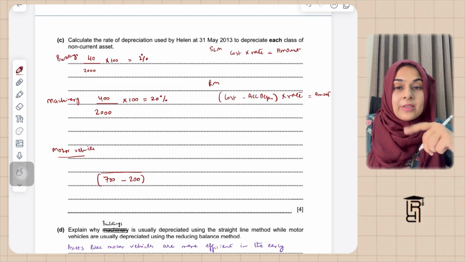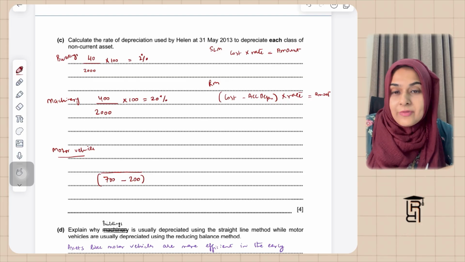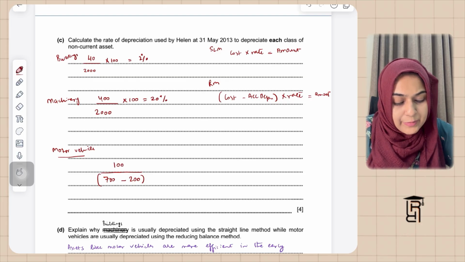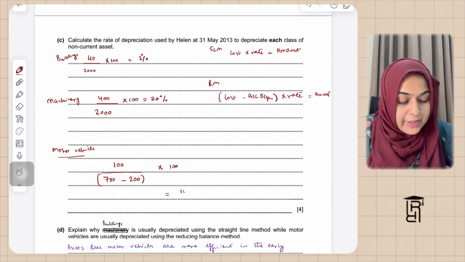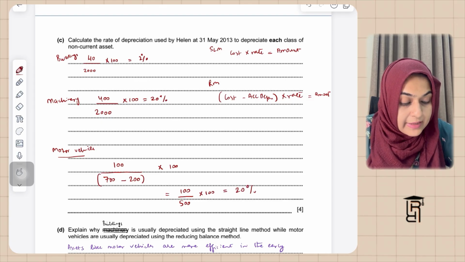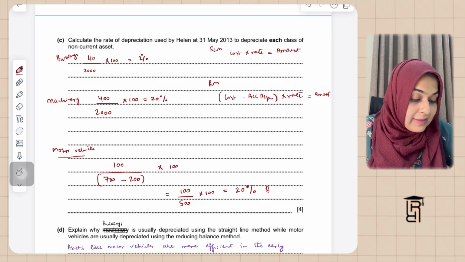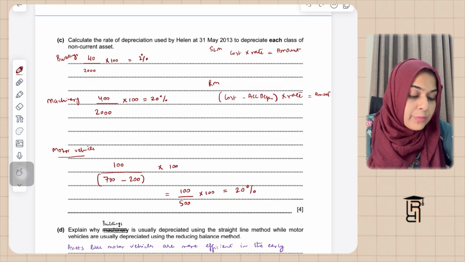So net book value at the start of the year was 500, and the charge for depreciation is 100, multiplied by 100. So this is charge for the year divided by net book value. Net book value will be 500, multiplied by 100 will give me 20% reducing balance method.